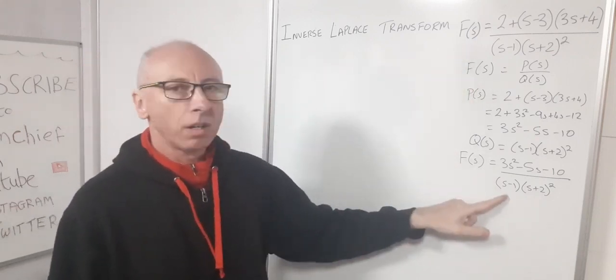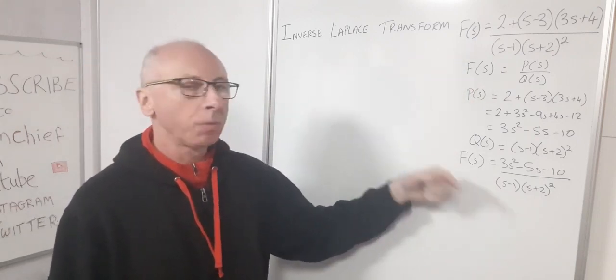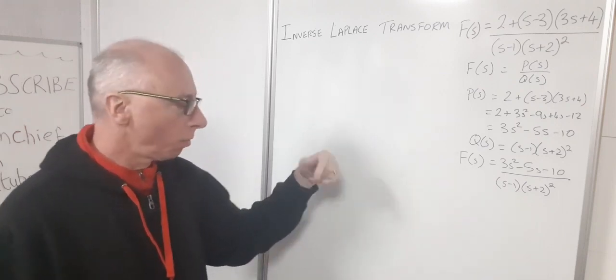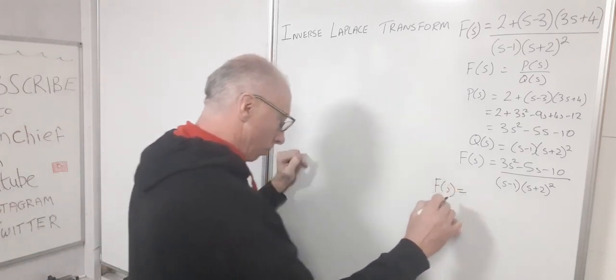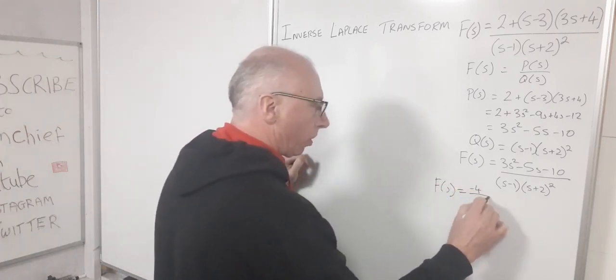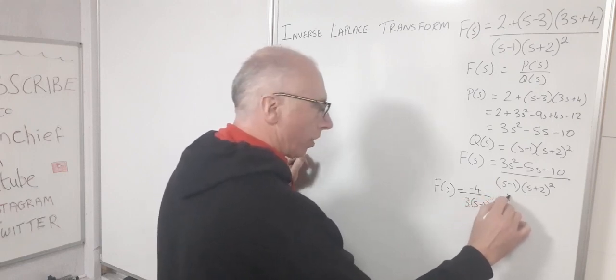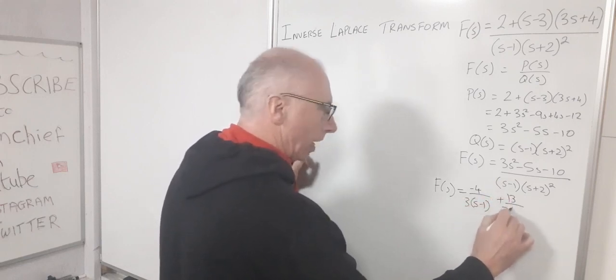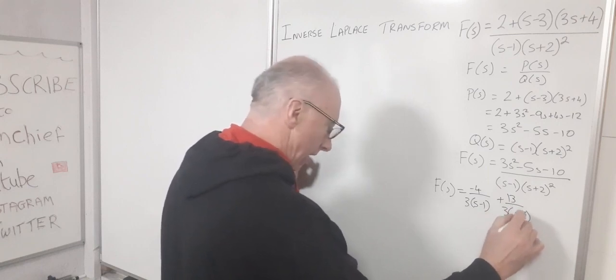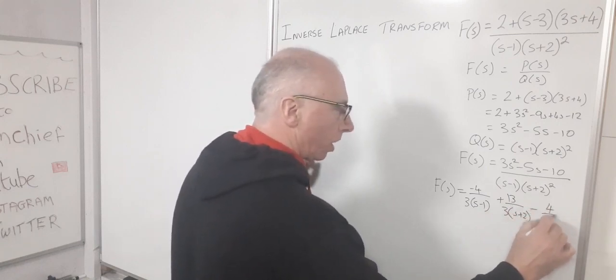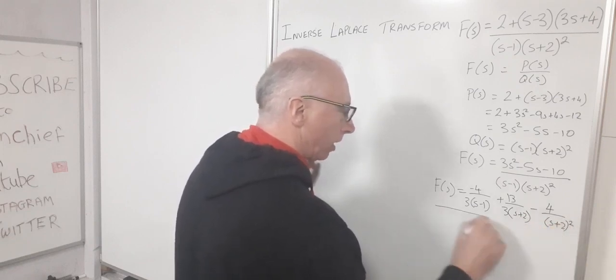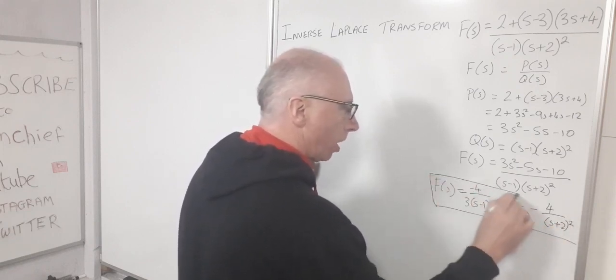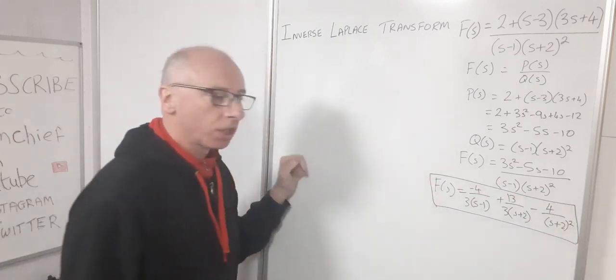We found the result of this in the previous video, which you can see in the link below, and what we got was F(s) equals -4 over 3(s - 1), plus 13 over 3(s + 2), and minus 4 over (s + 2) squared.